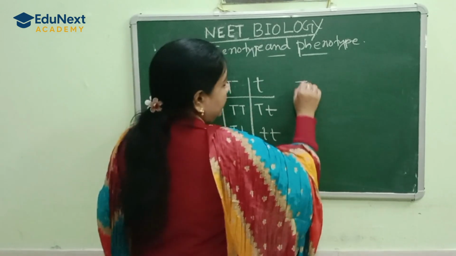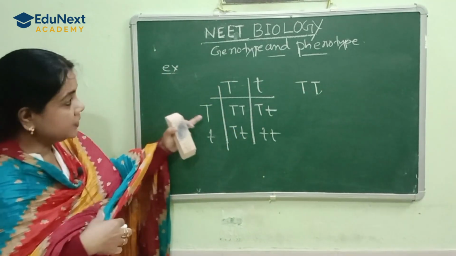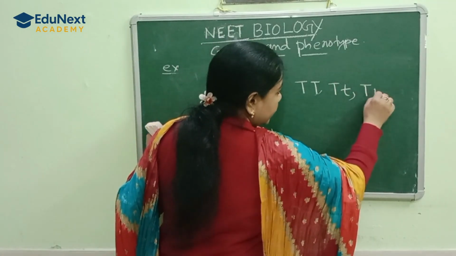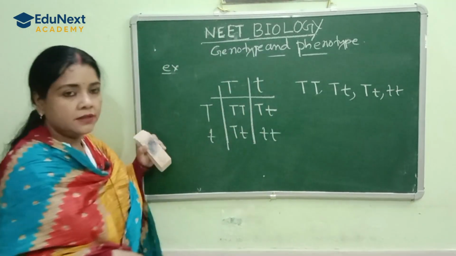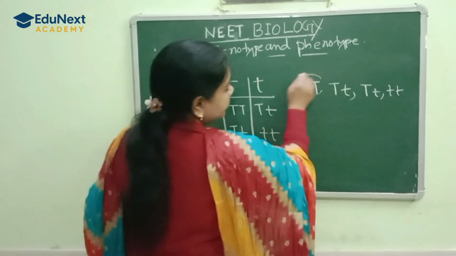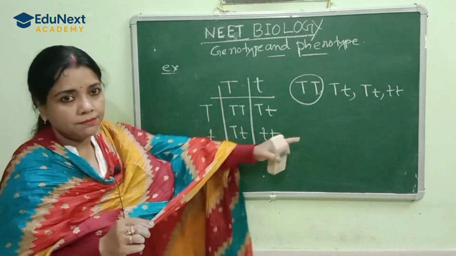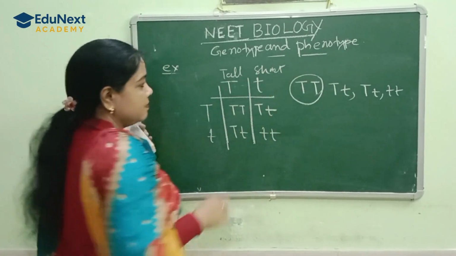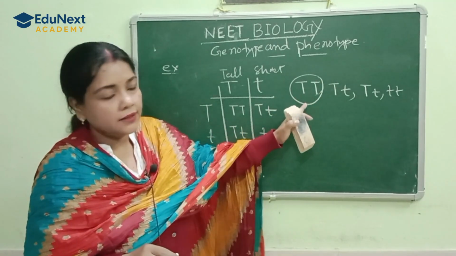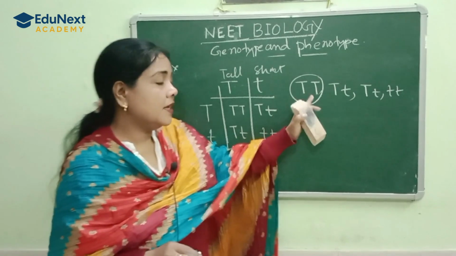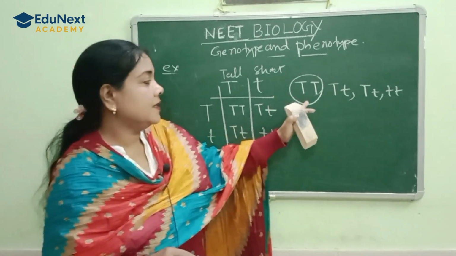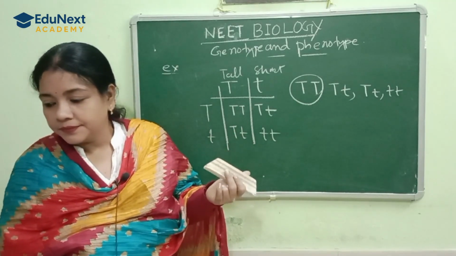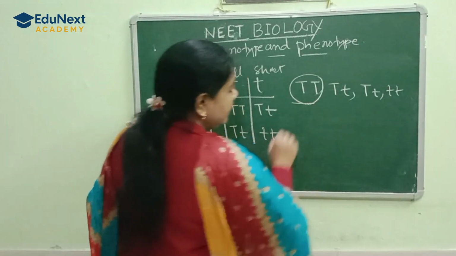Now the genetic makeups are TT, Tt, Tt and tt. There are four genetic makeups, right? Here we have tall plants and a short plant. Here both are tall, and these are known as dominant, and this is recessive.